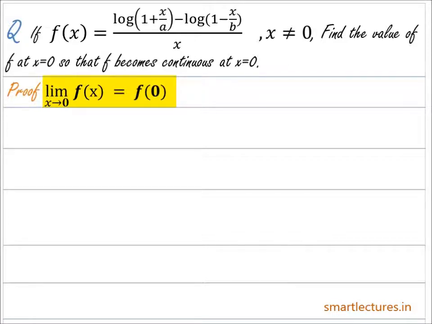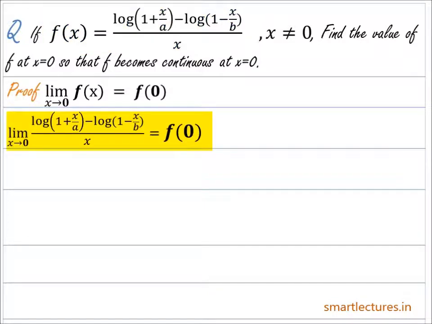Now as per the definition of this function, f of x is equal to (log of (1 plus x upon a) minus log of (1 minus x upon b)) upon x. So we can also write this equation as limit x approaches 0 of (log of (1 plus x upon a) minus log of (1 minus x upon b)) divided by x is equal to f of 0.